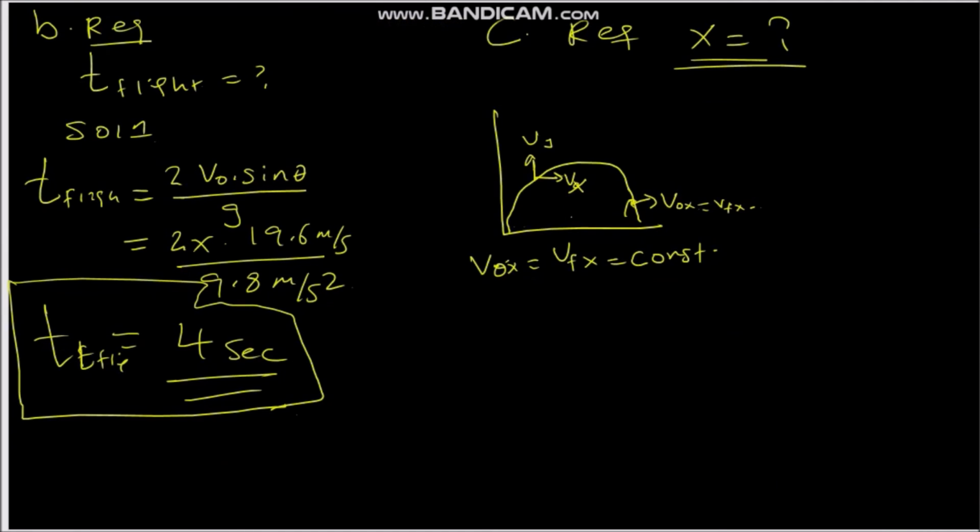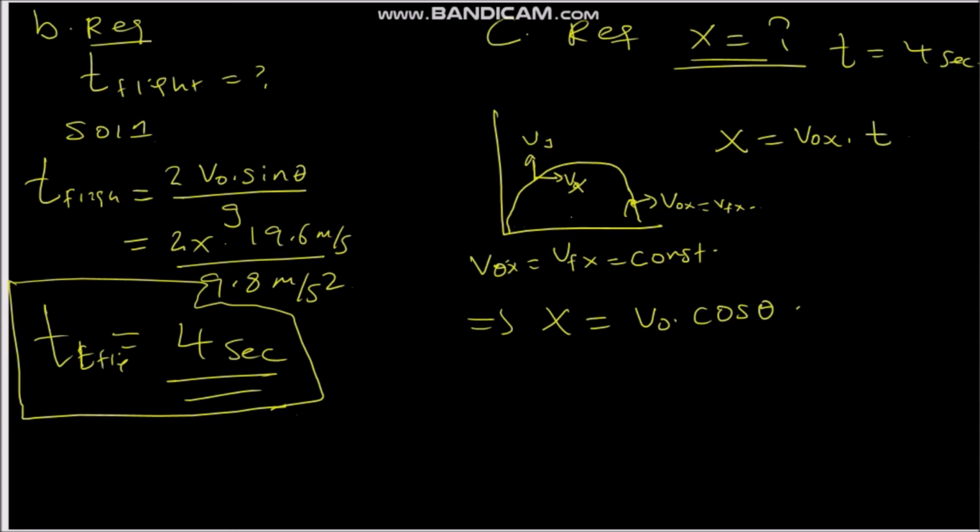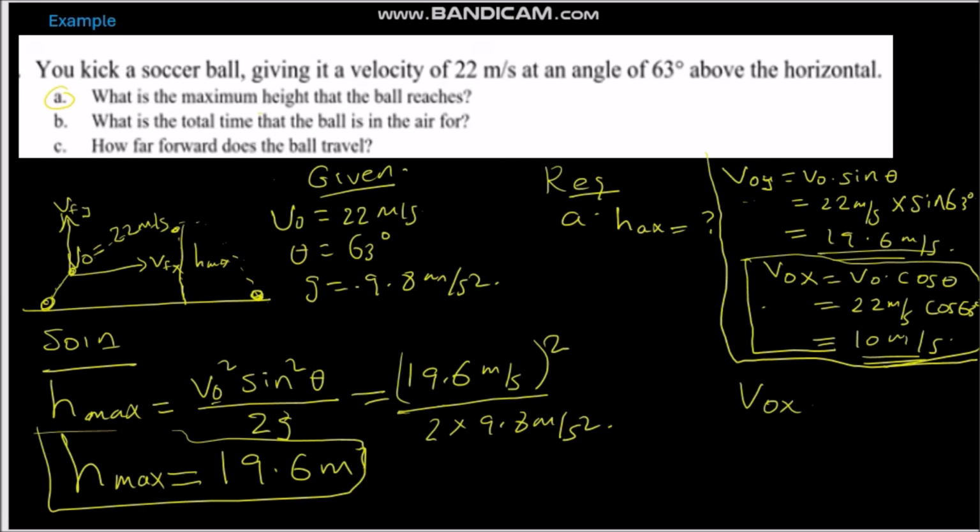So in our case, at t equal to 4 seconds, we can calculate the value of x equal to v naught x times t. This implies x is equal to v naught cos theta times t. V naught cos theta we already calculated here, 10 meters per second.